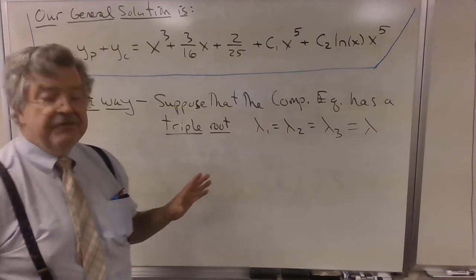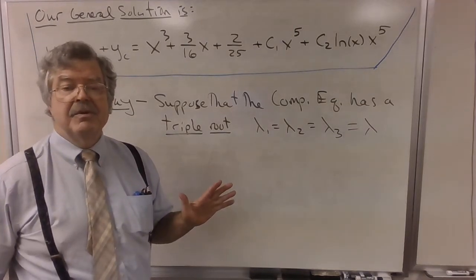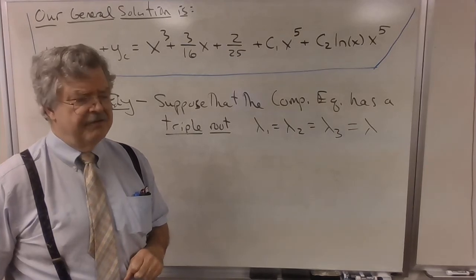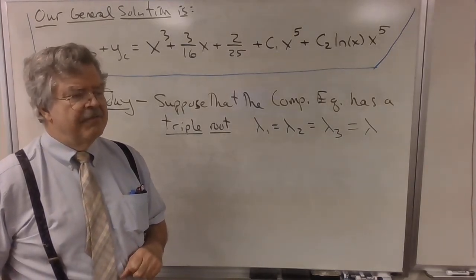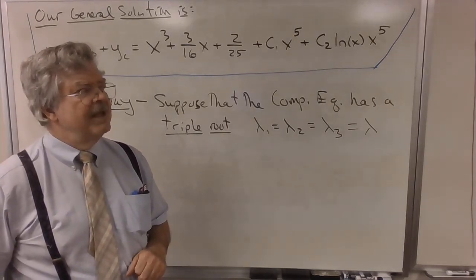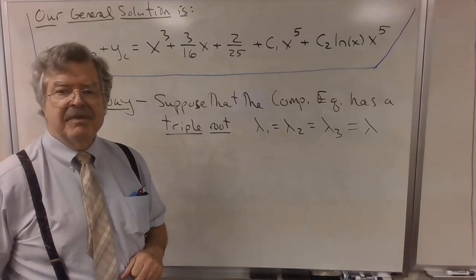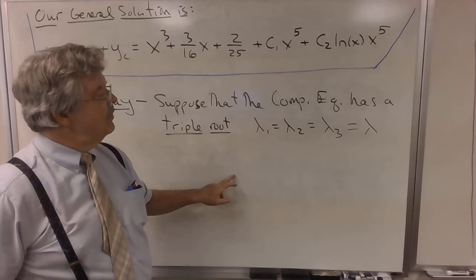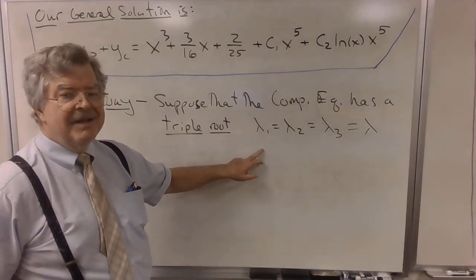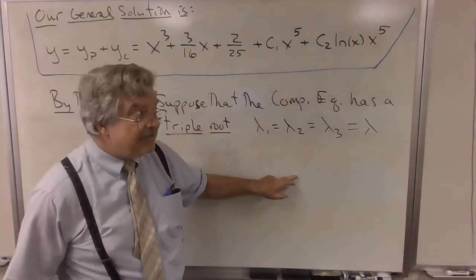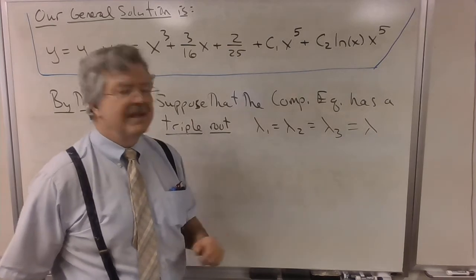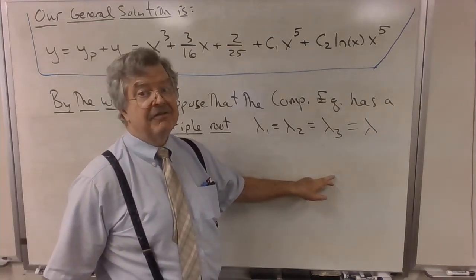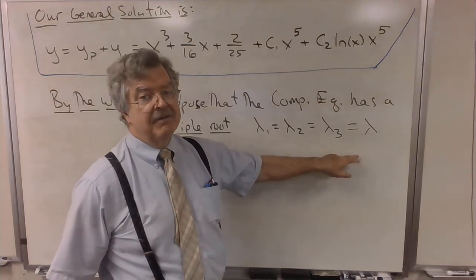Essentially, we do the same thing that we would do with a linear equation with constant coefficients. If we have m as a triple root, then to get our independent solutions, we have c1 e to the mx plus c2 x e to the mx plus c3 x squared e to the mx.